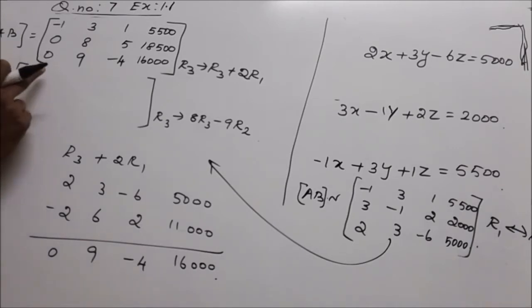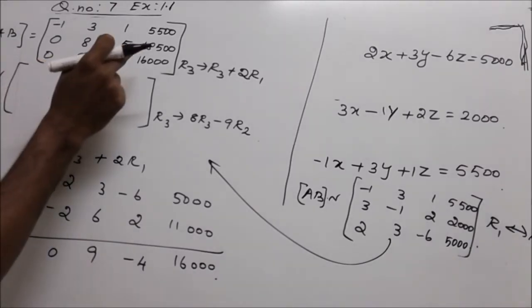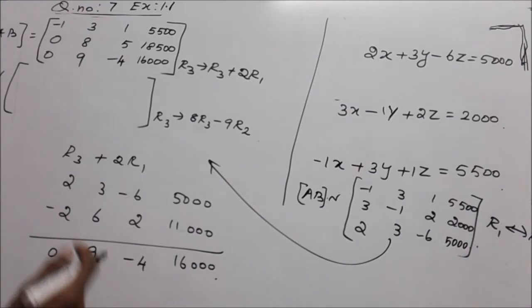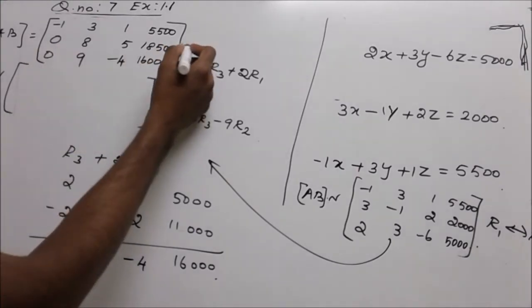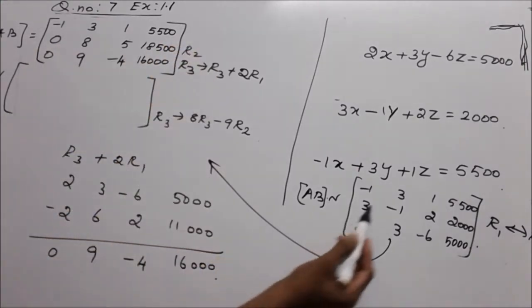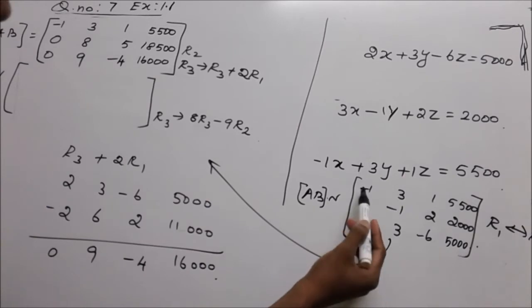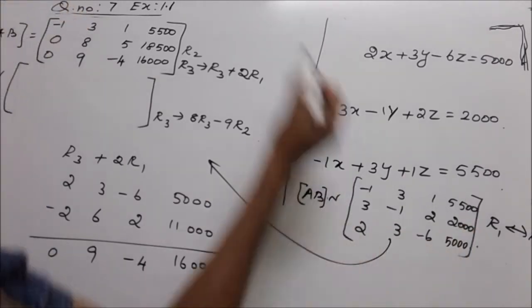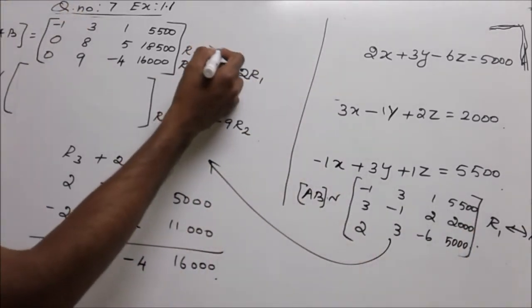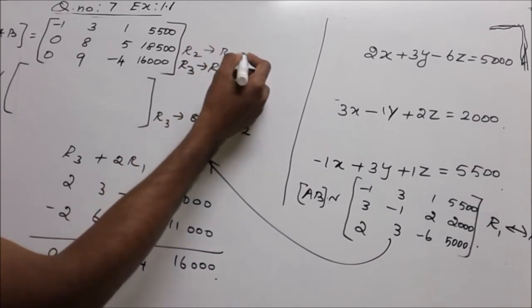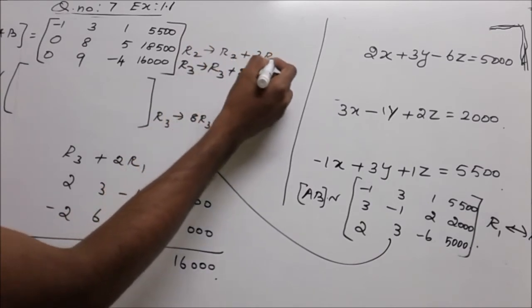So I have written here 0, 9, minus 4, 16,000. And then the next iteration, R2 tends to, I'm going to make this 3 as 0. For that multiply R1 by 3 and add. So R2 tends to R2 plus 3R1.